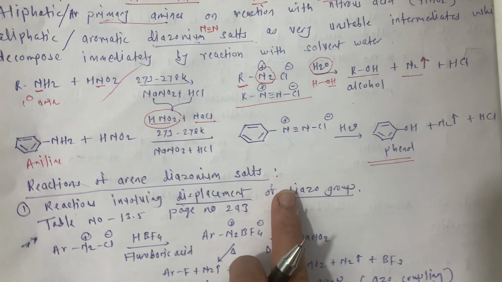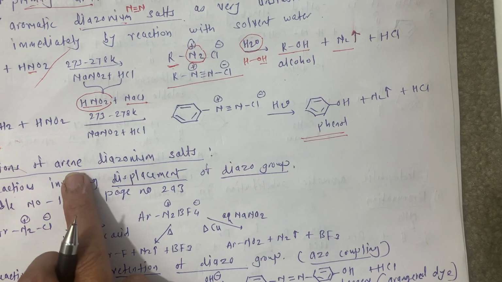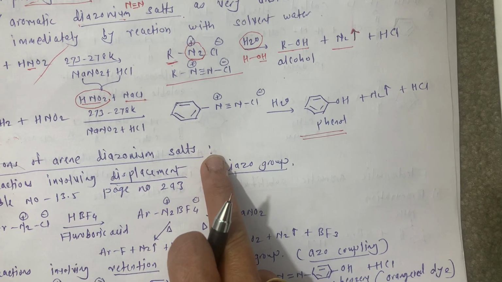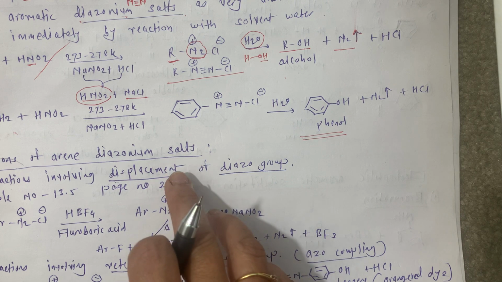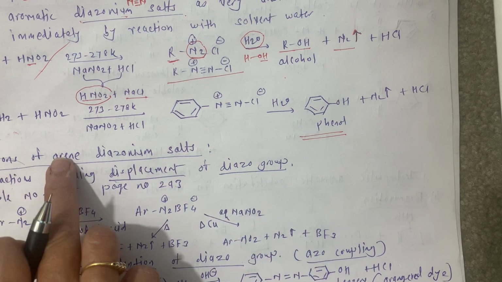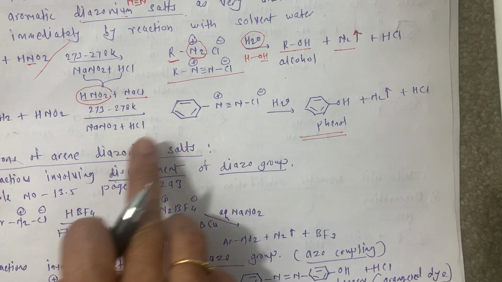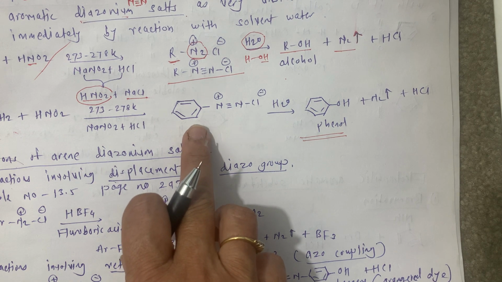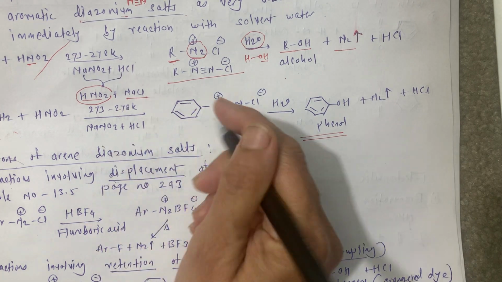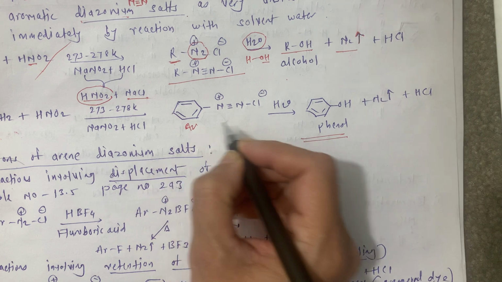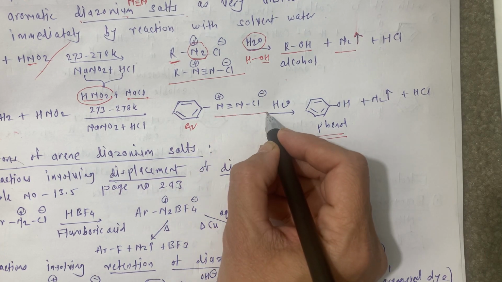Okay. Next is reactions of arene diazonium salts. Now this is another special part. This is our arene diazonium salt. This is Ar, the arene group, and this is the diazonium salt.